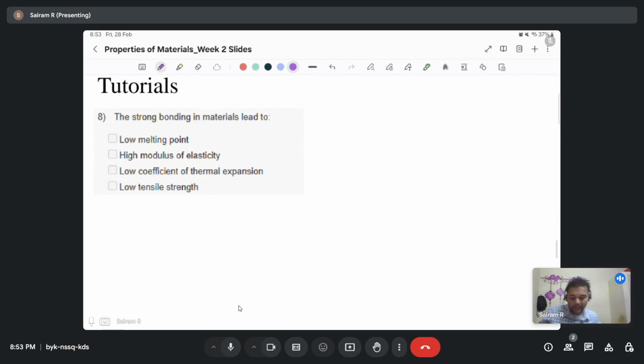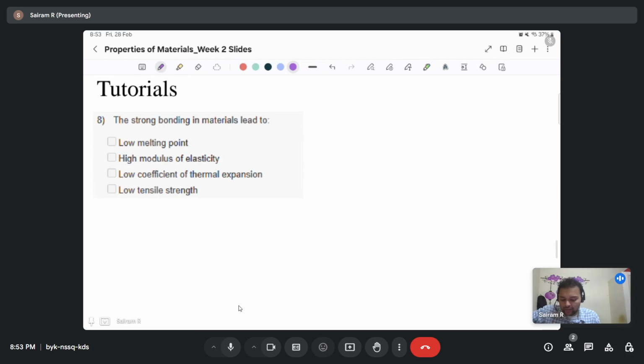Strong bonding in materials leads to low melting point, high modulus of elasticity, low coefficient of thermal expansion, and low tensile strength.